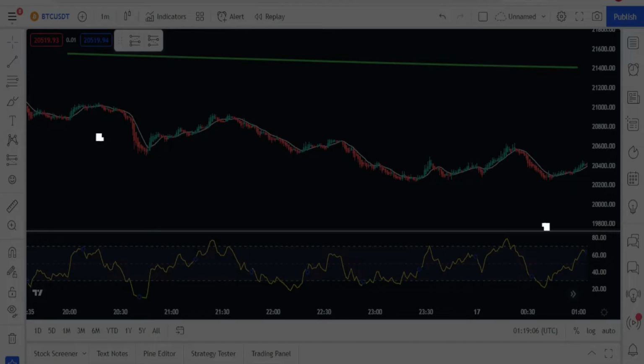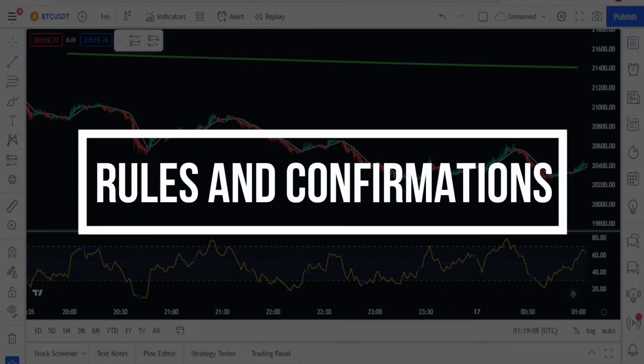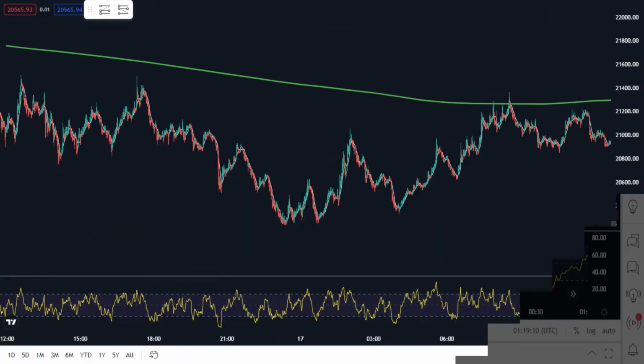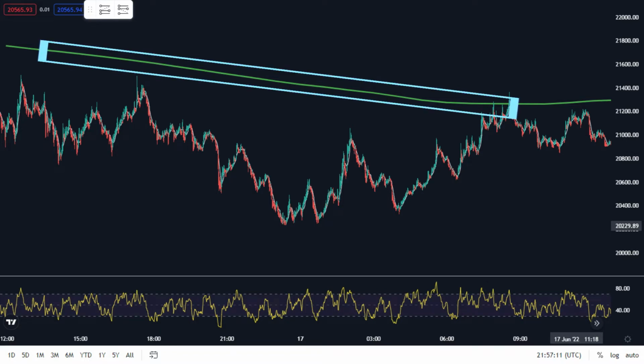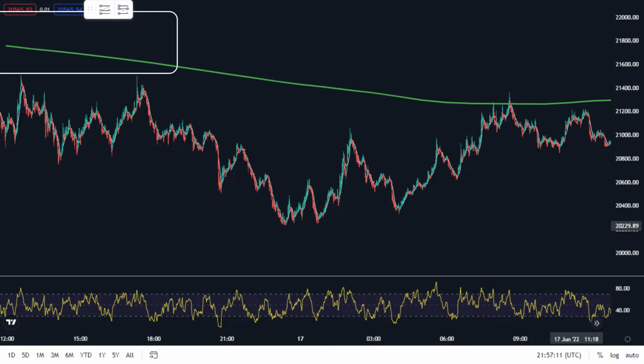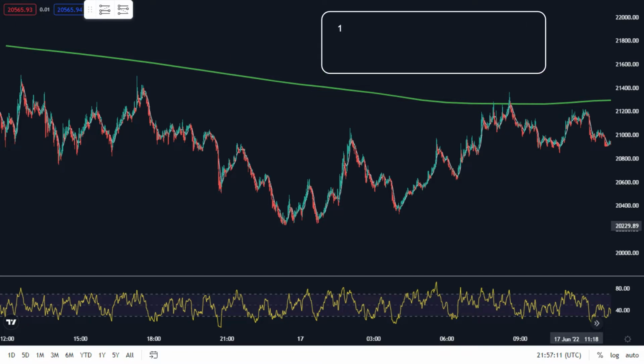Now it's time to go over some of the important rules on how to find the trading opportunities. The first rule to remember by heart is that the moving average 50, which is the green one in this case, is above the Heikin-Ashi chart. This means that we are in a downtrend, and we will be looking to enter short trades only.